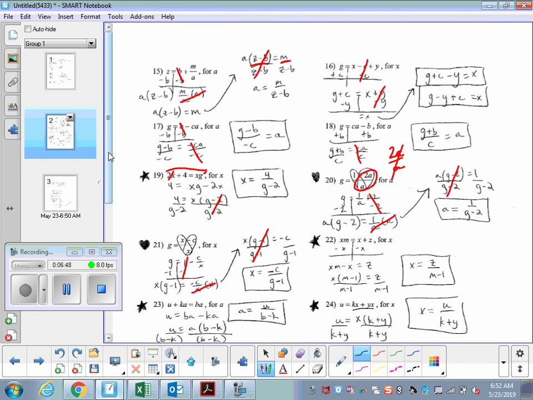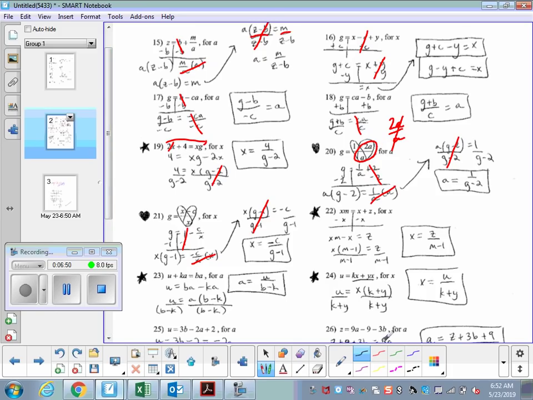Okay? I should have mentioned that probably also back here in number 20. Let me just double check, was it 1 minus 2a or 1 plus 2a? All right, let me just show that one real quick. Again, I think a lot of people are going to have a gut reaction to multiply both sides here by the a.